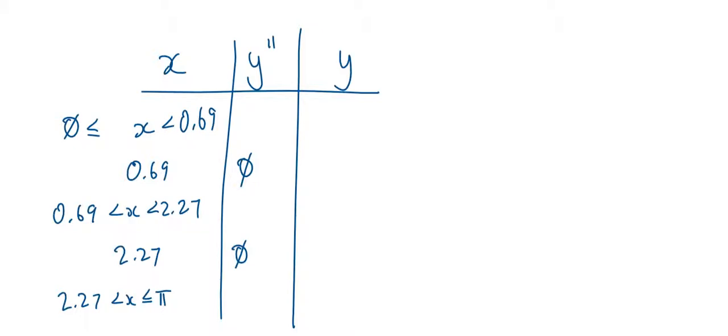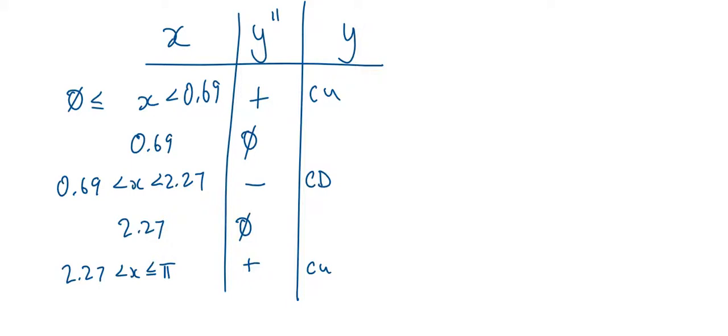I'm going to sidestep that and put them in here. I would check maybe 0.1 for this interval, and it works out to be positive. I would check maybe 1 or 2 for this interval, works out to be negative, and I would check 3 for this interval, turns out to be positive. So this is concave up, concave down, concave up.